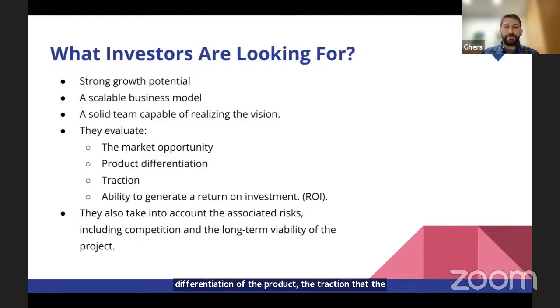They, of course, also take into account the associated risks, competition, long-term viability of the project, etc. So they take into account multiple things and not just the idea, right? The idea is important, but can you convince me that this idea will have strong growth that you can also monetize, and do you have the team to do it?